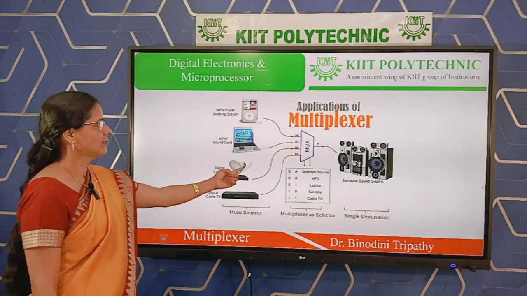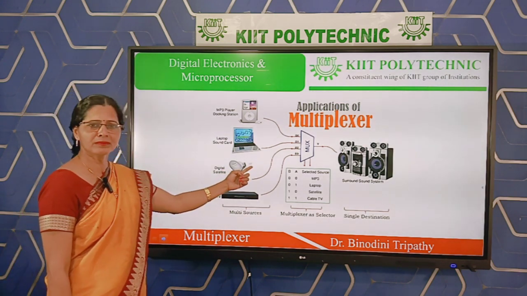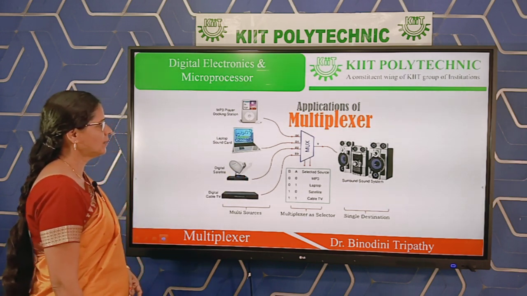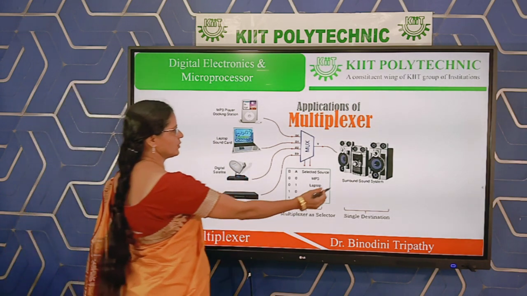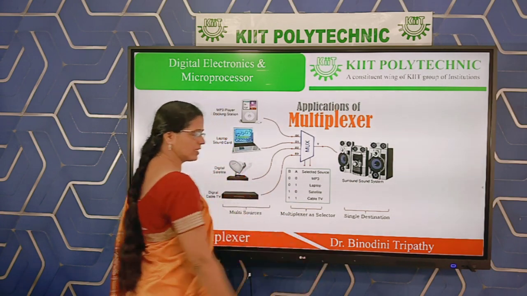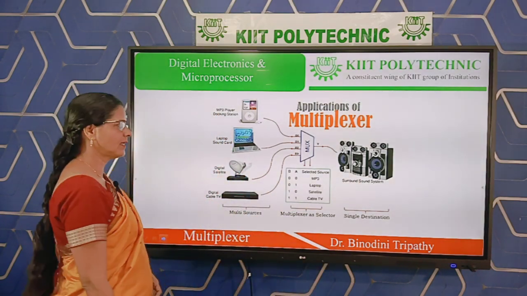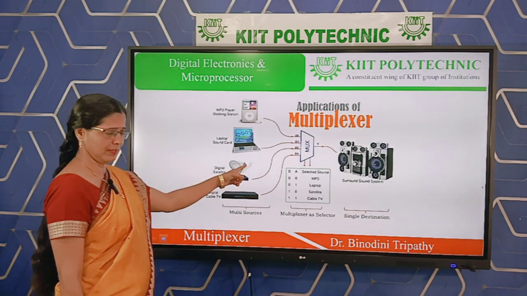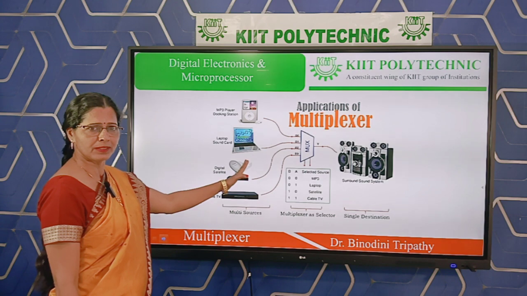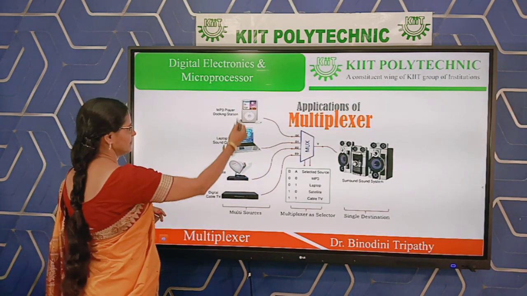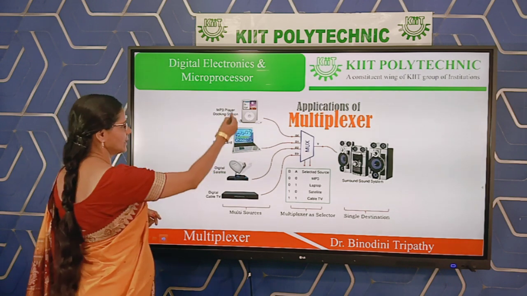Now you can be clear from this example. This is a simple example of a multiplexer. Suppose this is your destination. One destination is a single destination. A number of destinations we can also take, and that can be achieved. But for a basic idea, this is a very basic diagram. Now suppose these are the sources, multiple sources.